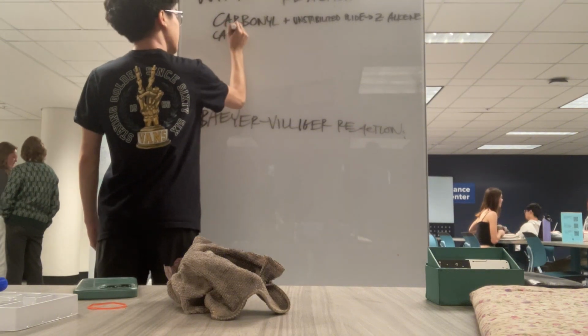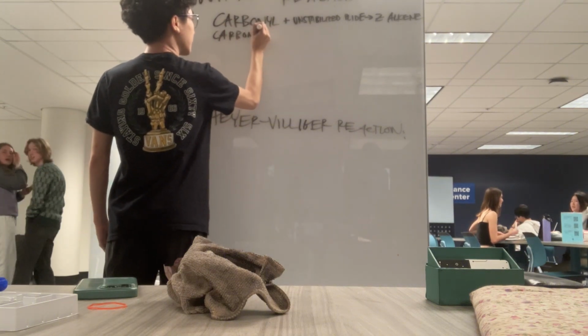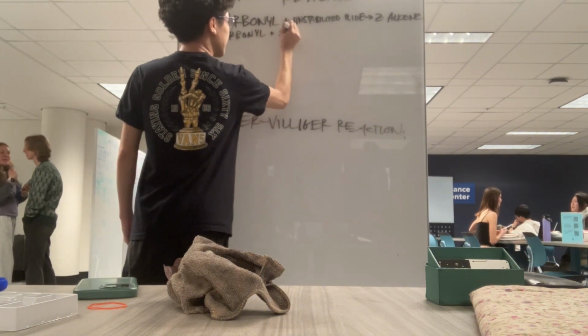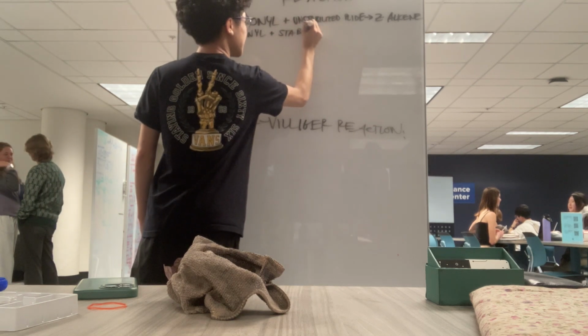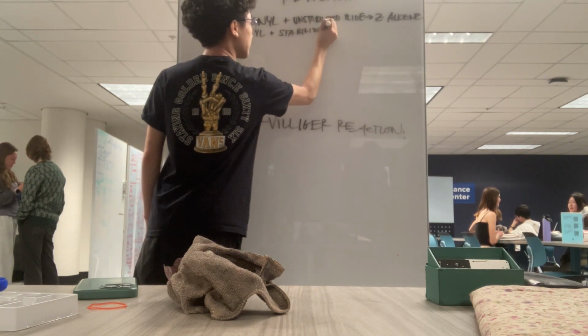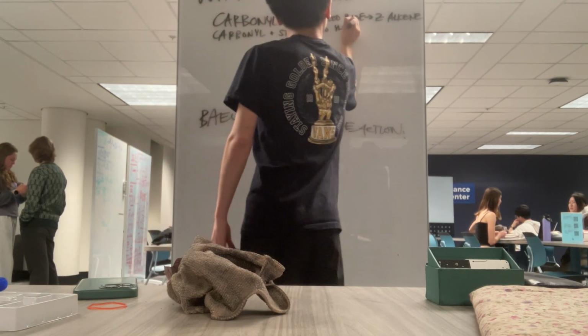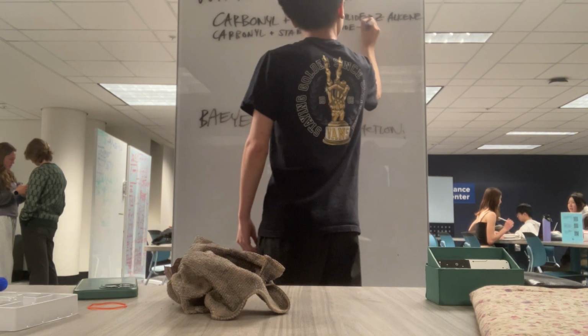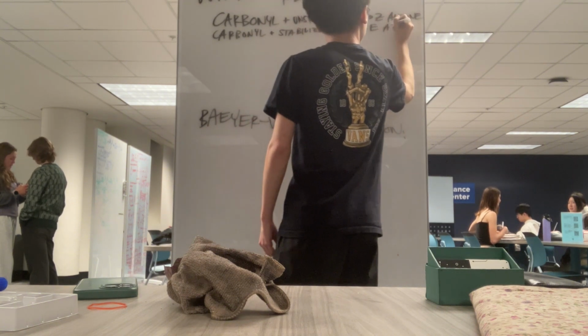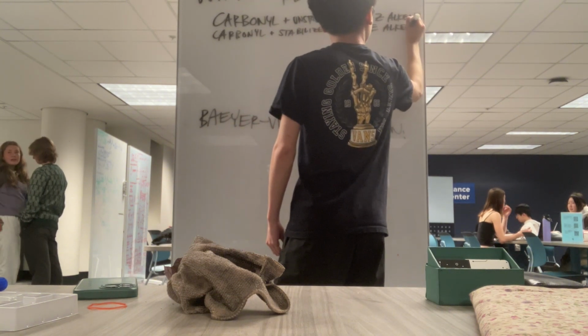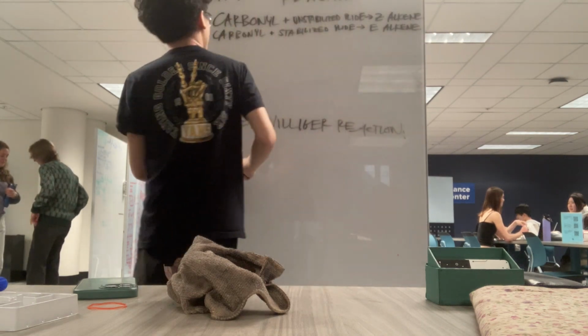A carbonyl plus a stabilized ylid is going to give an E alkene, right?